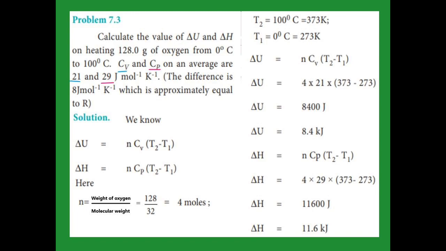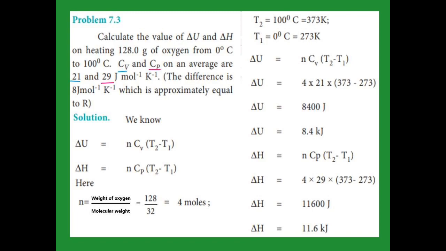For that, we have to find the number of moles first. Number of moles is weight of oxygen divided by molecular weight. Weight of oxygen given in the problem is 128, and the atomic weight of oxygen is 16. O2 means 2 into 16, 32. So 128 divided by 32, we get 4 moles.